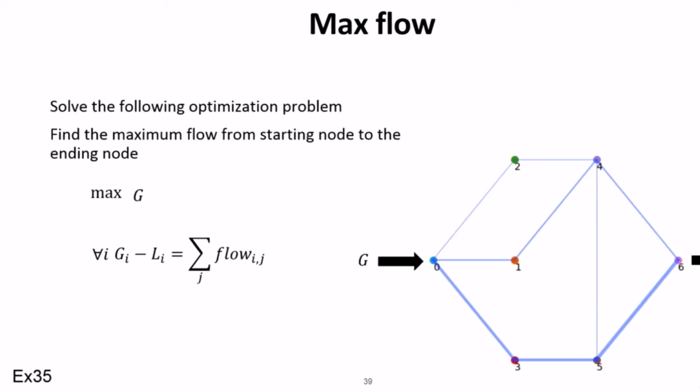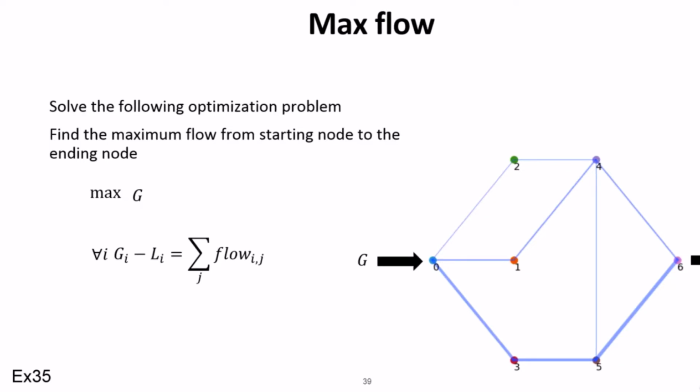And we want to know if we enter G to node 0, is it possible to take out G from node 6 or any other nodes without violating the capacity of these lines or these routes? So in order to do so, we have to write down the balance equation for every node.